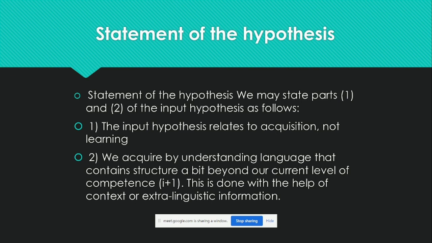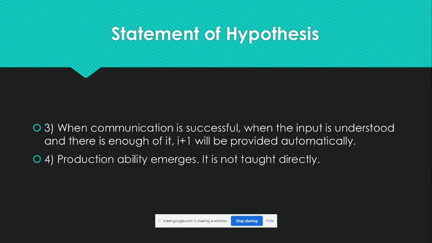This is done with the help of context or extra-linguistic information. Number 3, when communication is successful, input is understood, and there is enough input, i plus 1 will be provided automatically. Number 4, production ability emerges, and it is not taught directly.